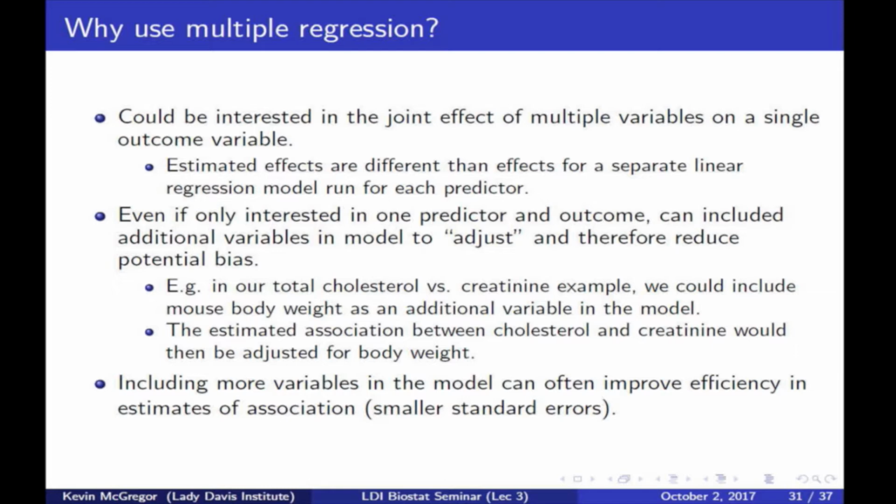And if you don't adjust for that variable, then you would have bias in your estimates. A good example is in our total cholesterol versus creatinine example. We could include the mouse's body weight as an additional variable in the model. And just by doing that, and just by finding our model parameters, we have adjusted for mouse body weight in this relationship between total cholesterol and creatinine.